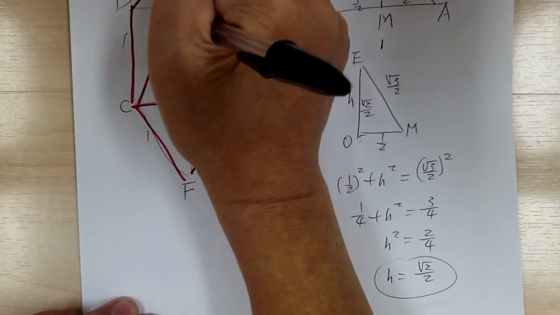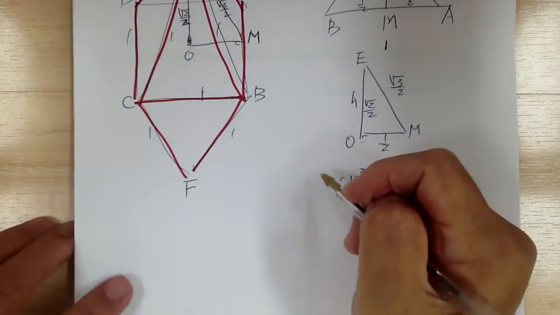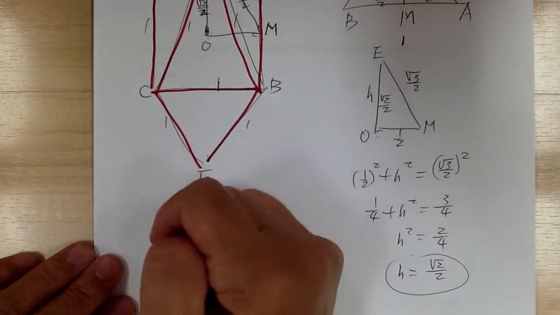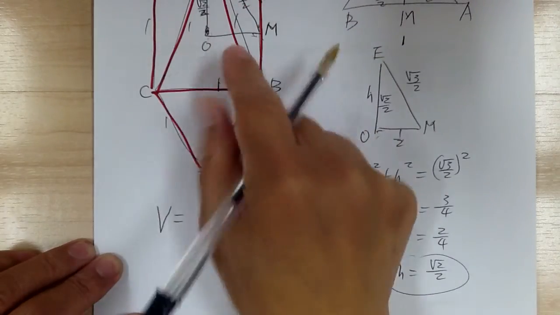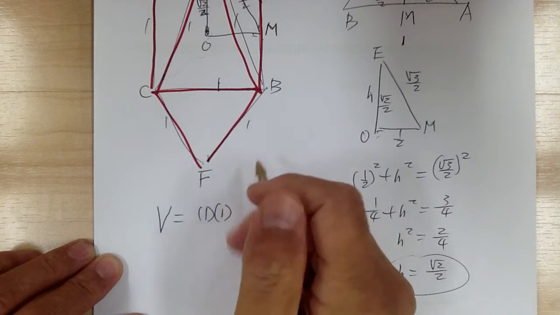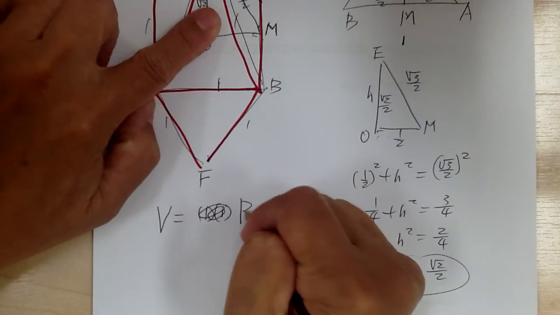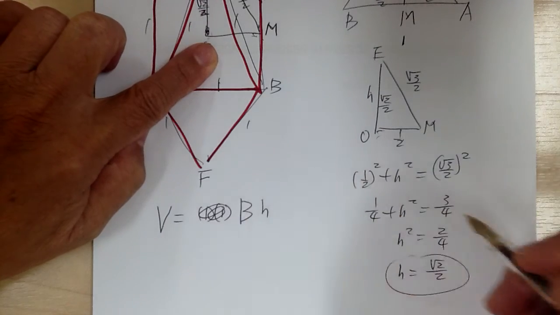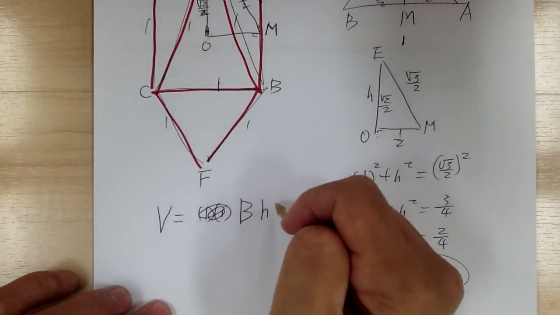So once you figure out the H, now it would be easy to figure out your volume, right? So the volume would be equal to the base area times the height, and you have to times by 1/3.